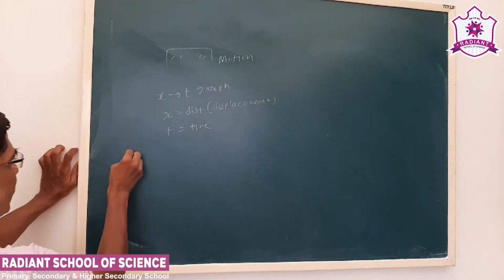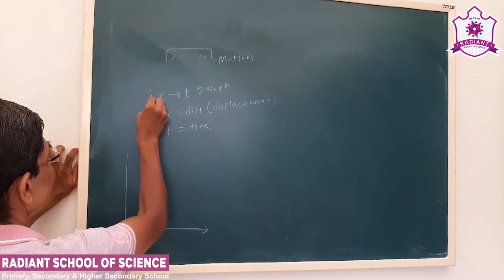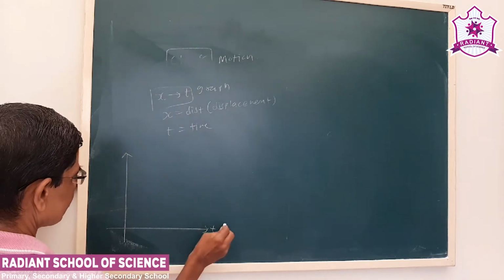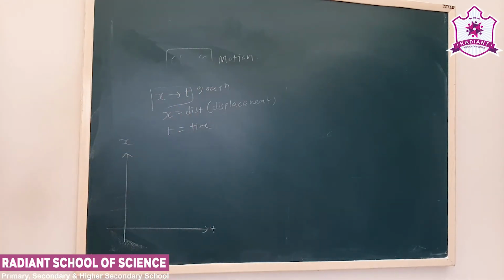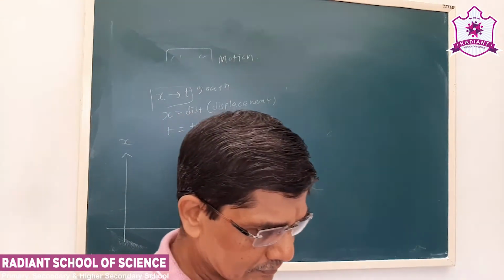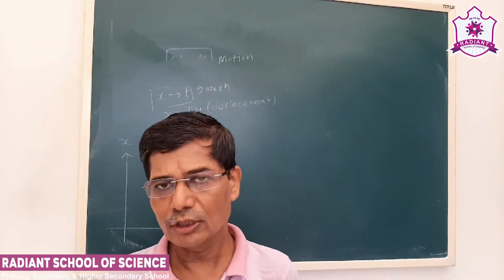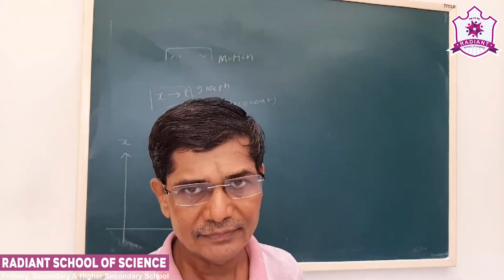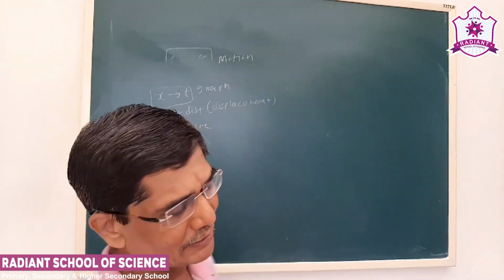Now see the first type of graph. When the position of the object does not change with time, over the time interval, the object is stationary.